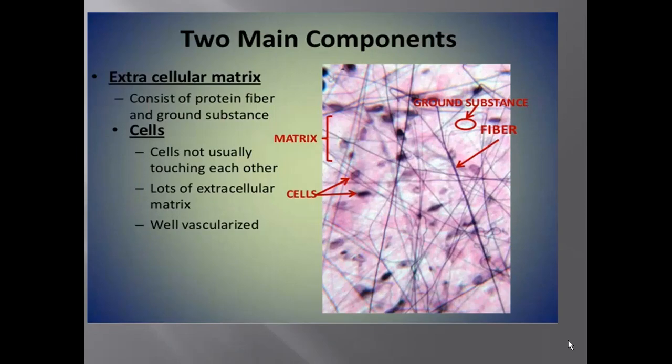Back to the extracellular matrix, and I give only a microscope picture to see this. What exactly is the extracellular matrix? It's the ground substance, which I circled in red, and the fiber is clear. The cells are also clear, so the matrix is from the fiber and the cell.